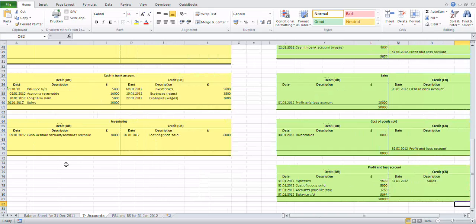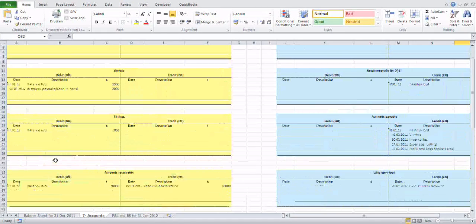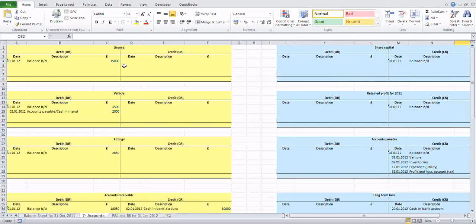Let's start with the asset accounts. Let's check what has happened. Well, with the license, we will basically do the same thing again. The license, nothing has happened, therefore the opening balance will be the same as the closing balance.